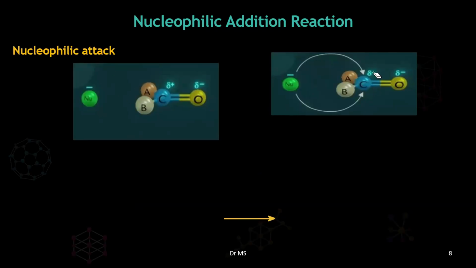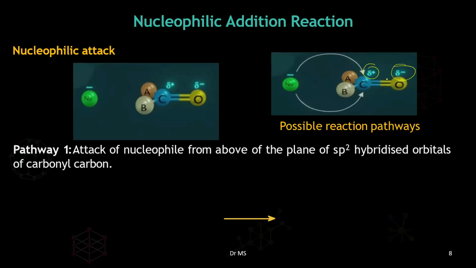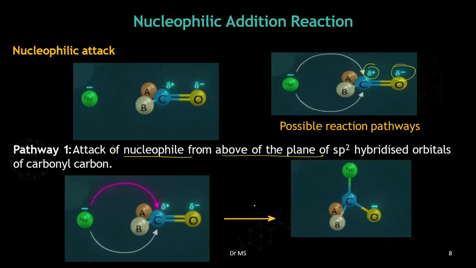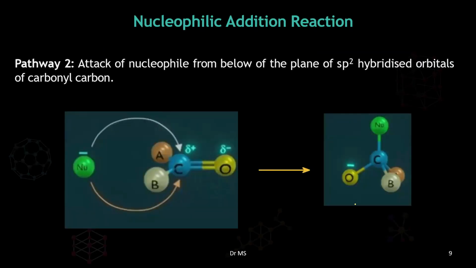And here the carbon is partially positive and the oxygen is partially negative. So attack of the nucleophile from above the plane of the sp2 hybridized carbon atom, or it can also happen from below the plane. So it can form two intermediates. One is tetrahedral intermediate 1, or it could be tetrahedral intermediate 2, if it is attacked from below the plane.